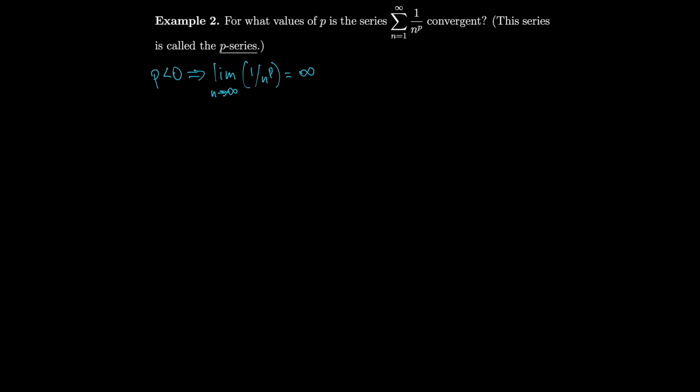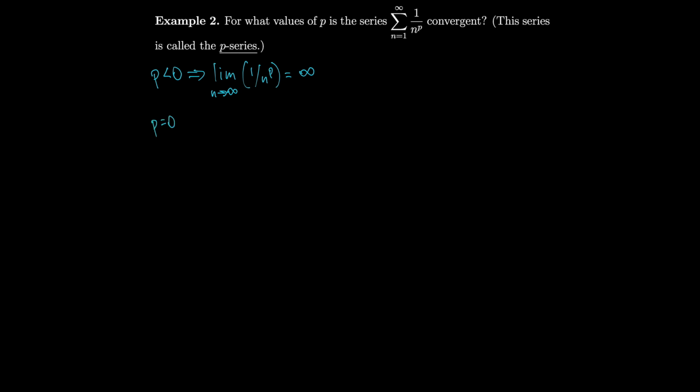The only reason I'm looking at the limit of 1 over n to the p instead of the limit of the entire partial sum is that we have a test for divergence, or an nth term test, which says that if the limit of the sequence is not 0, then you can't even bother to try to take any kind of sum. It's not going to happen. Your sequence has to level off if you want to be able to add anything up.